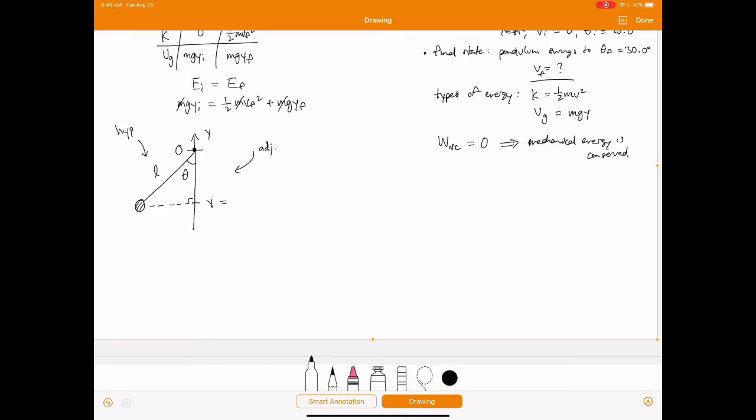Okay, because what we have here is a right triangle, we can identify L as the hypotenuse, and this vertical side as the adjacent. And since cosine of theta is equal to adjacent over hypotenuse, or adjacent divided by L, the adjacent side we want is just L cos theta.